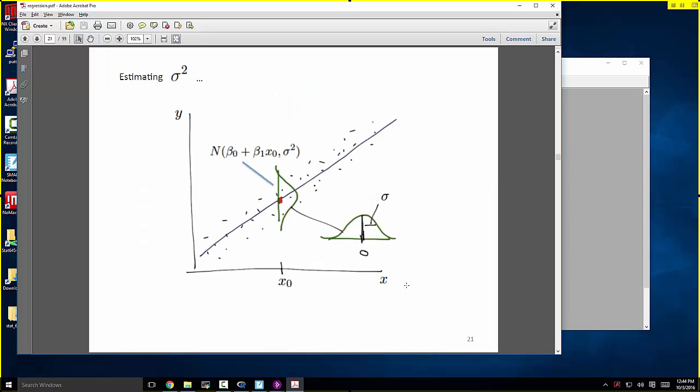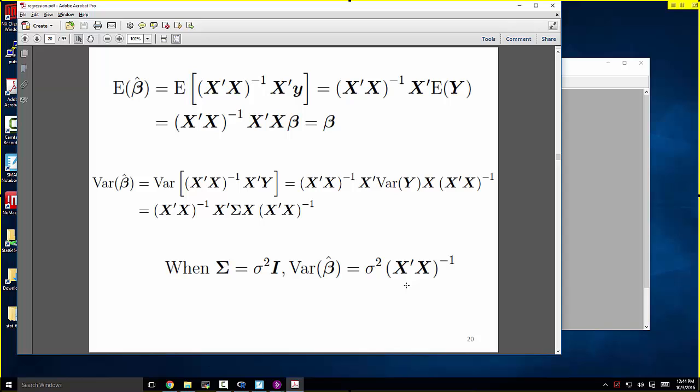If I wanted to use this result at the bottom of this slide, the variances of beta hat are given by this result. I know what capital X is as soon as we get our data, because we know the design of the experiment. We know the first 10 were females, for example, and then they were males, treatment and control. So X is a known quantity, but sigma squared is not.